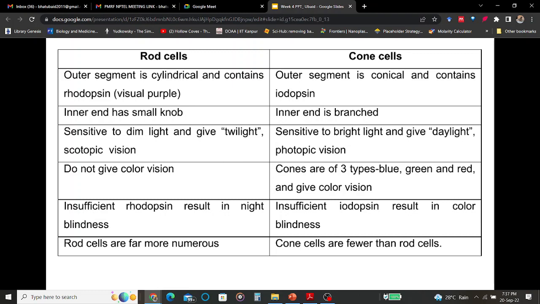The cone cells have a conical outer segment, and they contain the photosensitive pigment named iodopsin. The rod cells' inner end has a small knob, and the cone cells' inner end is branched. Rod cells are sensitive to dim light and are used to see in dim light.